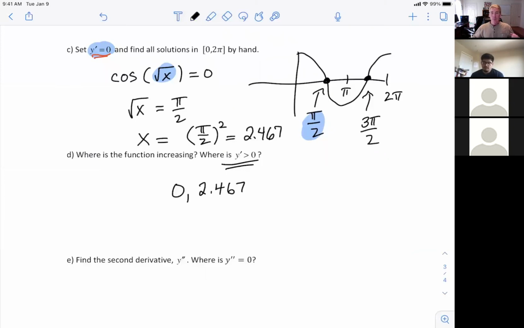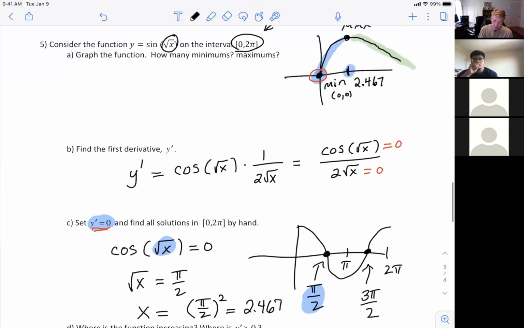And then do I use round parentheses or square brackets? Round parentheses. That is true. Because if I put the square brackets, that would mean that at 0, it is increasing, which means that the derivative would actually have to be a positive number right there.